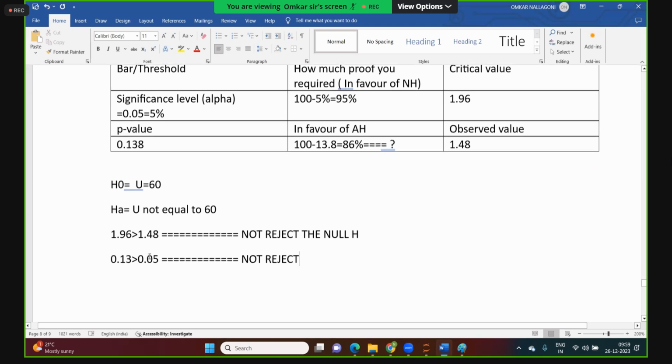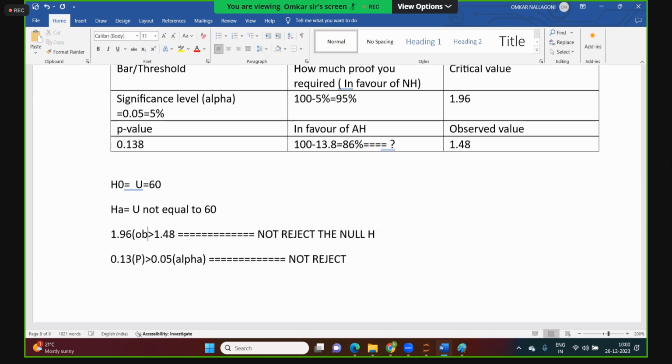But before, you compared observed and critical values. Now onwards, what do you need to compare? P with alpha. This value is related with P, and this value is related with alpha. But this value is related with what?